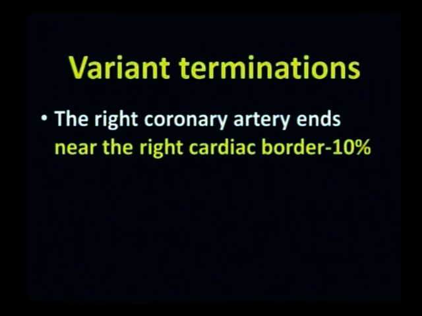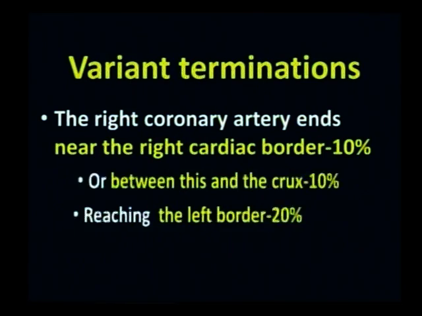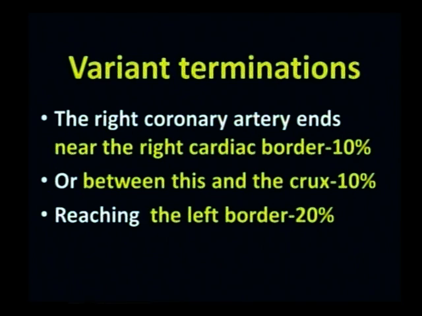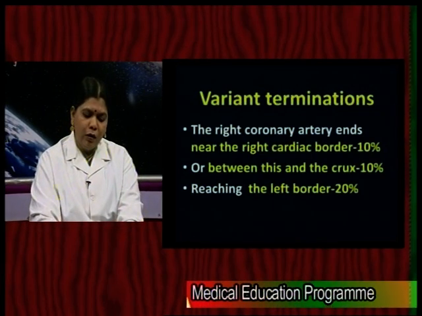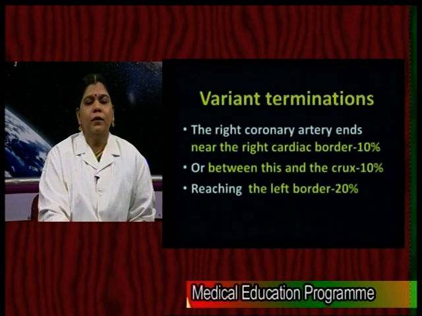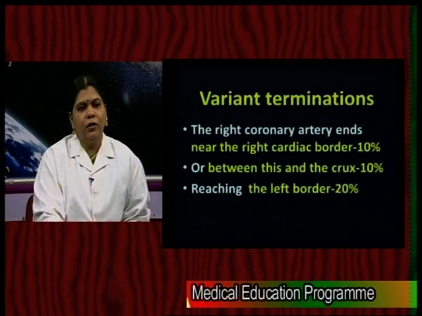The right coronary artery may end at the right cardiac border in 10%, or between this and the crux in 10%, or reach the left border, traversing the entire atrioventricular sulcus, in 20%. So, these abnormal terminations may be present in 40% of cases, and the normal termination, slightly to the left of the crux, is in 60%.